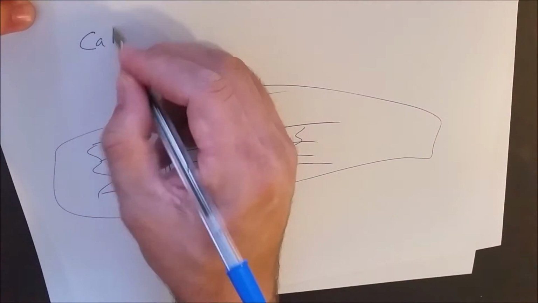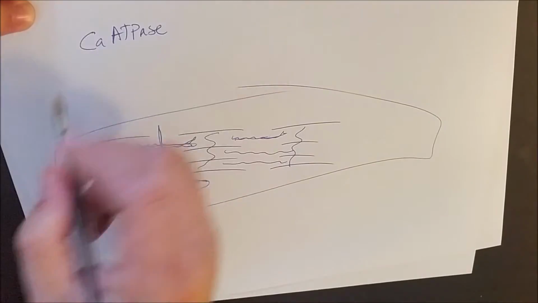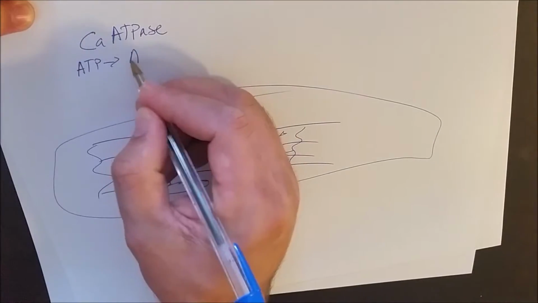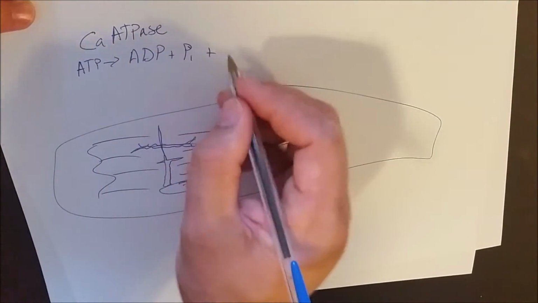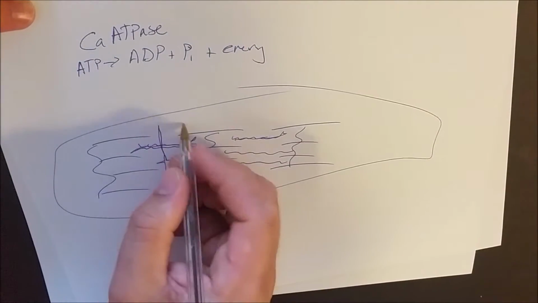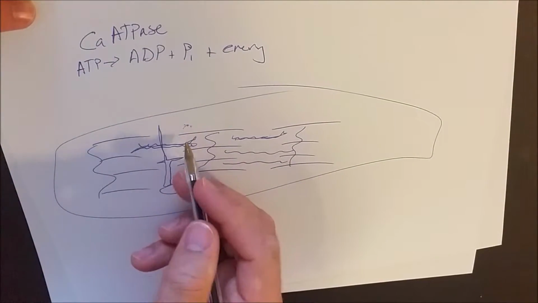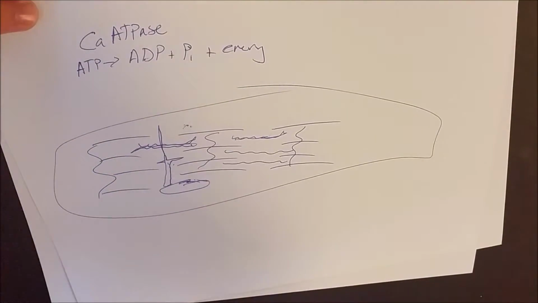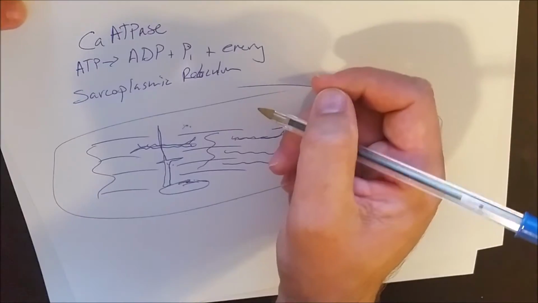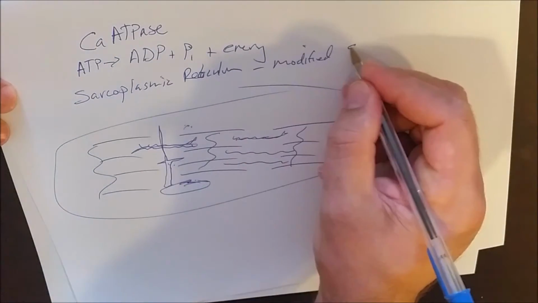It actually has calcium pumps, so it has calcium ATPase, which breaks ATP, and this releases energy. It takes calcium from the cytoplasm and pumps it into the sarcoplasmic reticulum, which is a modified endoplasmic reticulum.